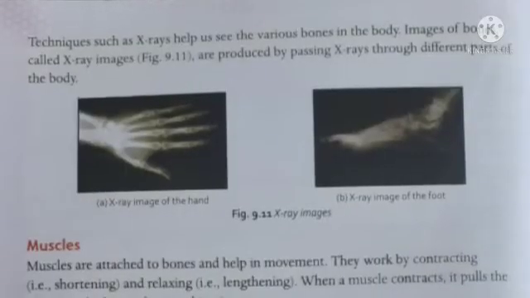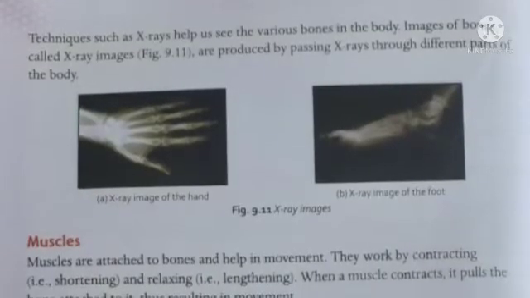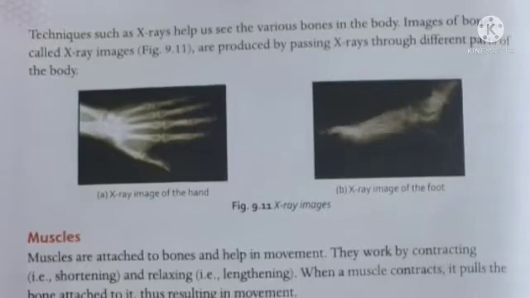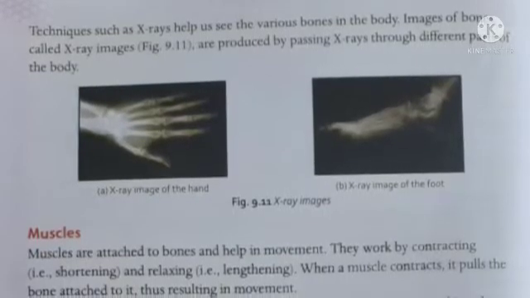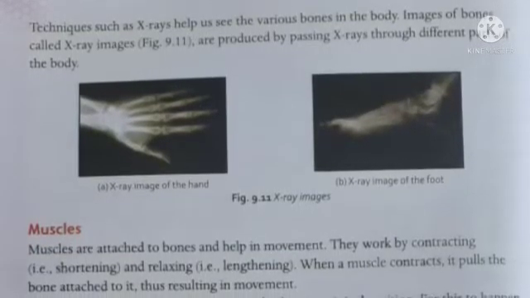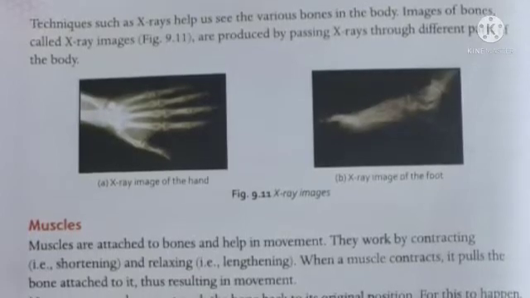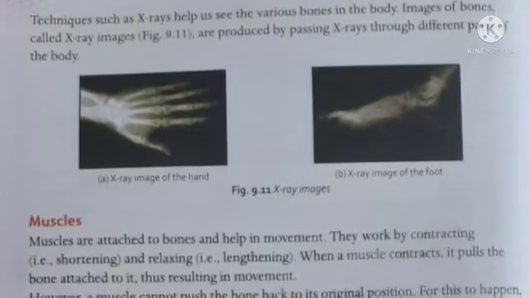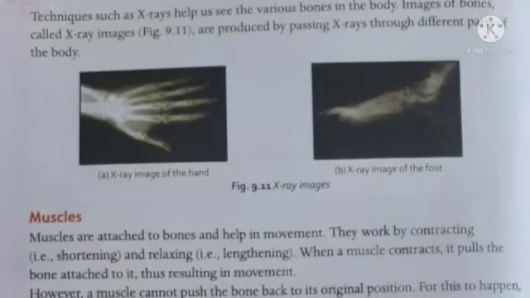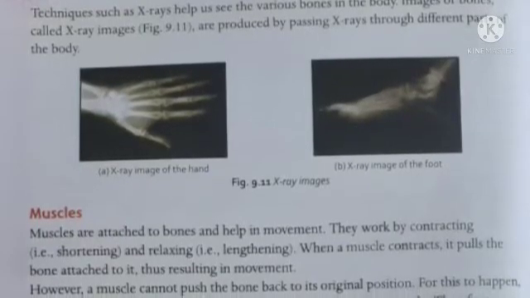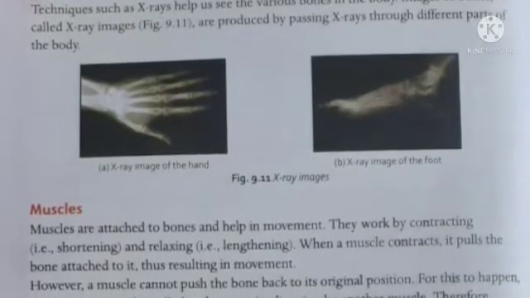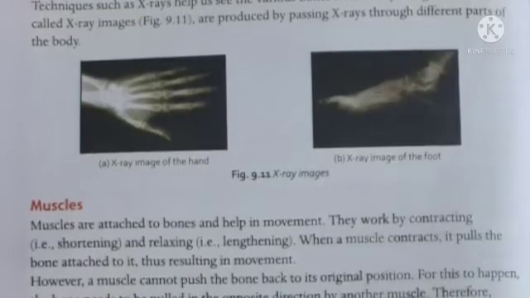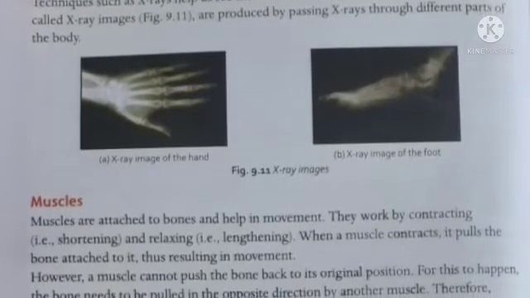Now students, techniques such as X-rays help us see the various bones in the body. Now the images of the bones are called the X-ray images, which are produced by passing X-rays through the different parts of the body. Now students, the X-rays cannot pass through our bones while they pass through our muscles.